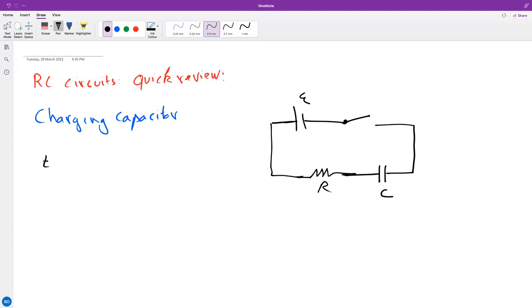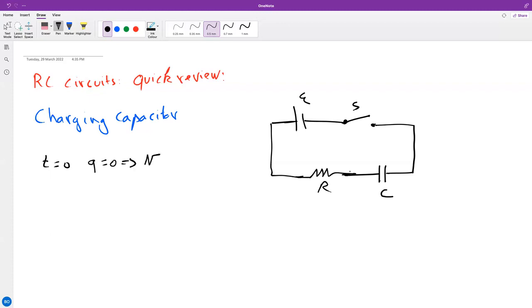So at T equals 0, when I close the switch, this is a switch S, the charge in the capacitor is equal to 0, because the capacitor just starts to charge.